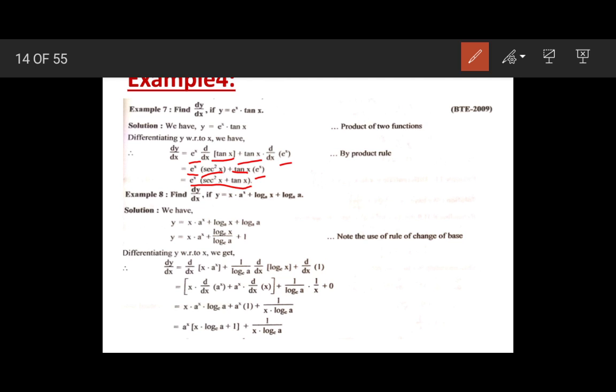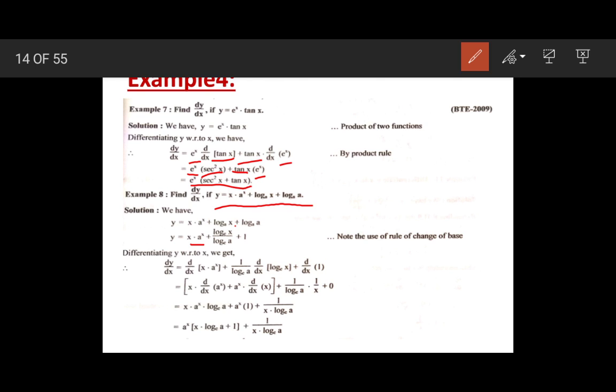Okay. Next is find dy upon dx if y is equal to x into a raised to x plus log x to the base a plus log a to the base a. Now in x into a raised to x plus log x to the base a, this term, first we have to change the base.